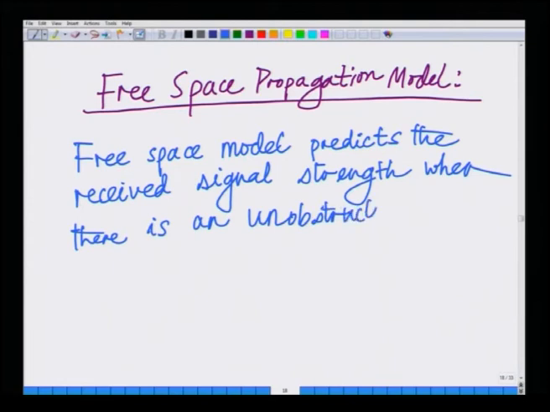Remember this is the key, which is essentially when there is an unobstructed propagation path between the transmitter and the receiver.